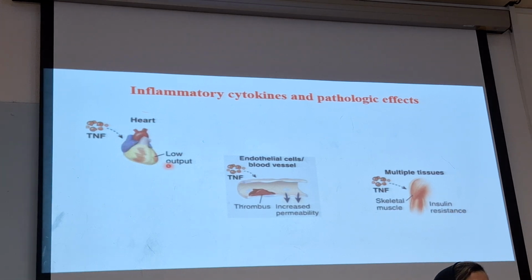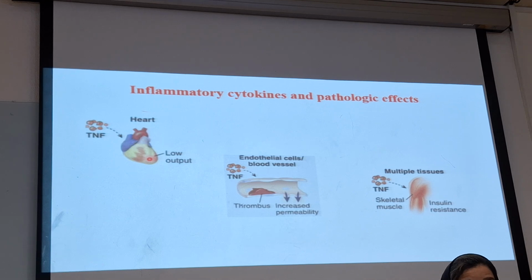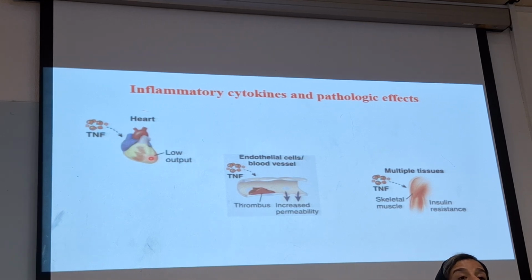And you know, when TNF is produced in a huge amount in our body, it affects cardiac cells and reduces their contraction, and leads to low cardiac output, and so low blood pressure and septic shock in our body, because of low blood pressure.